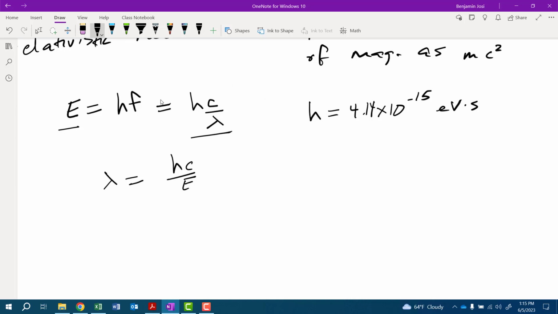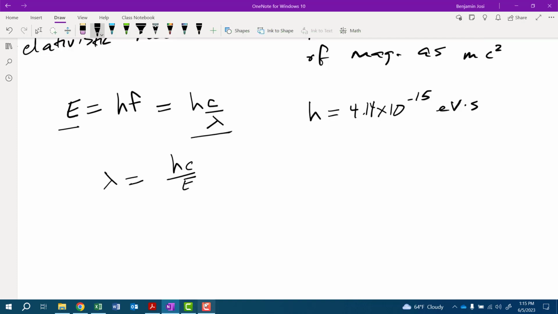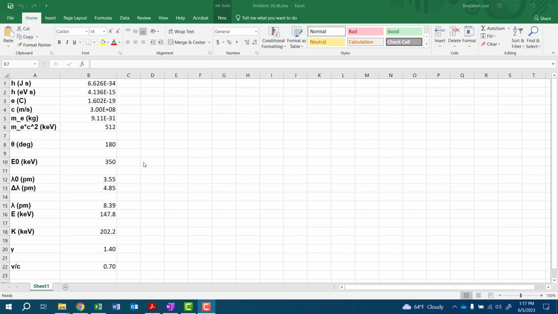So I think I'll show you the result in a spreadsheet, which I prepared already. Here's my spreadsheet. I use slightly different notation here. I'm using E0 as the initial energy of the photon, the incident photon, and down here E is the final energy.